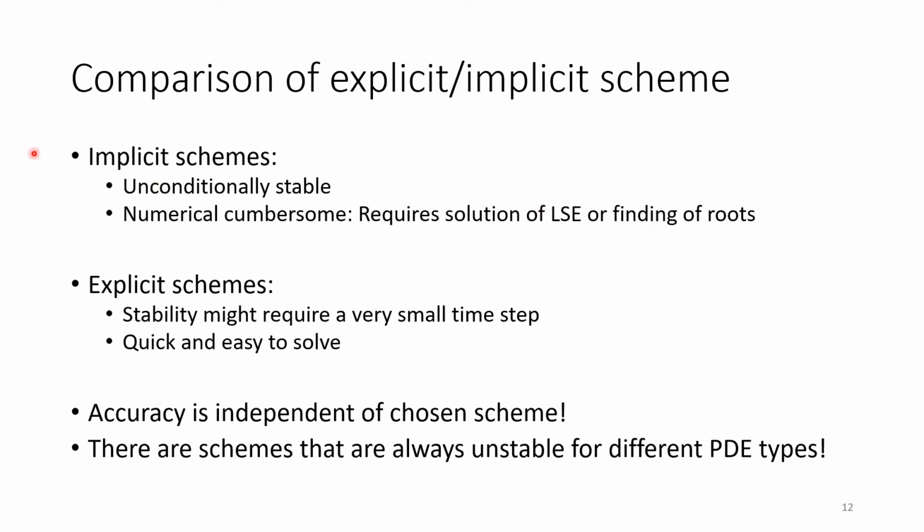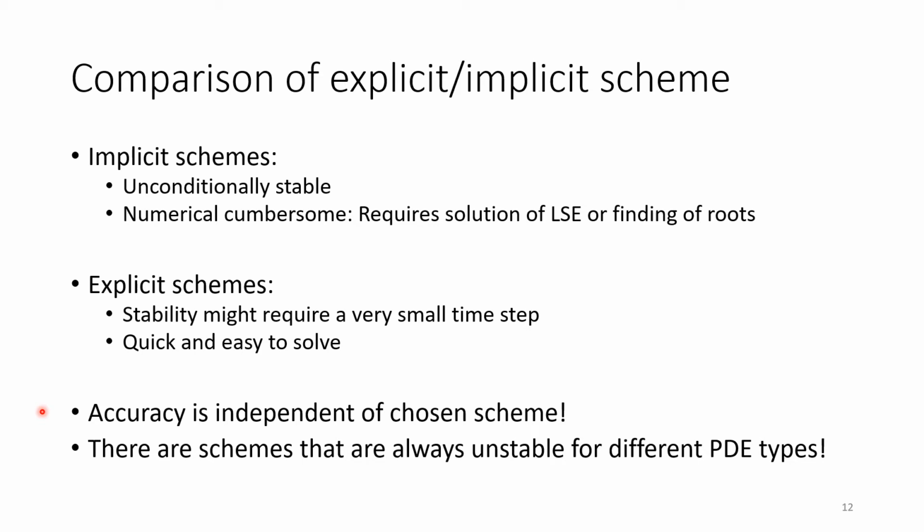So to sum it up a bit, implicit schemes are unconditionally stable. They have a bit of a higher computational demand. Explicit schemes usually require a much smaller time step, but are therefore quick and easy to solve. I will emphasize this a lot over the lecture: accuracy and stability need to be separated in your head.